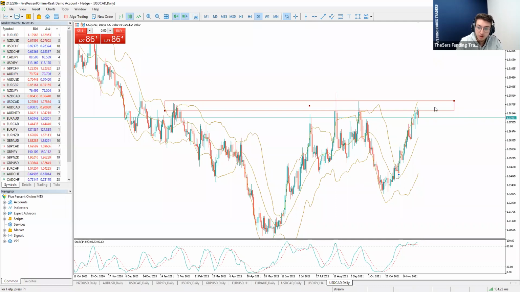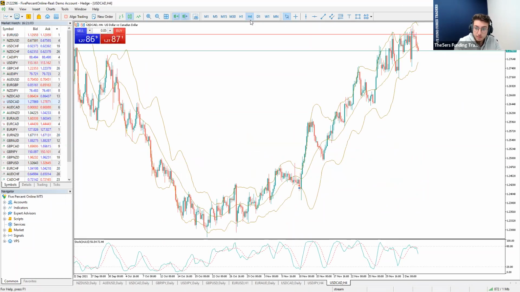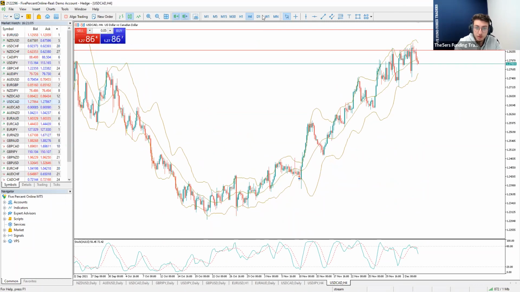The market can move back down, make a fake breakout like here, and we see a big spike in volatility when the market wants to break a big resistance. So that's why the risk management on the daily chart on the dollar CAD should be even more perfect. Okay, so that's what I see on the daily.